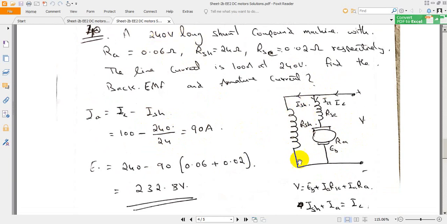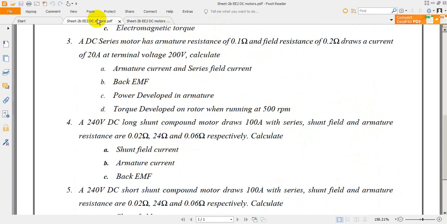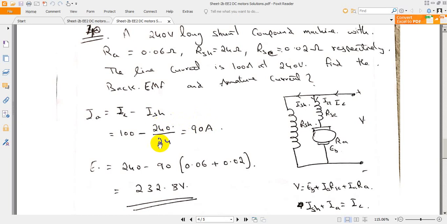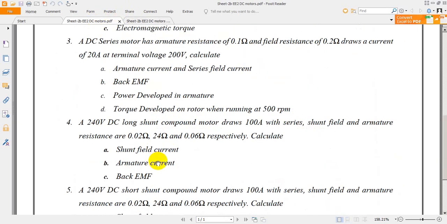The voltage across this winding is this voltage. It is 240 divided by the resistance. RSH value is 24. 240 by 24, you will get 10. So we can write the shunt field current ISH is equal to 10 amperes.